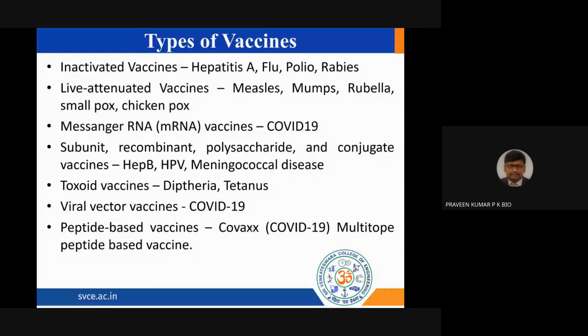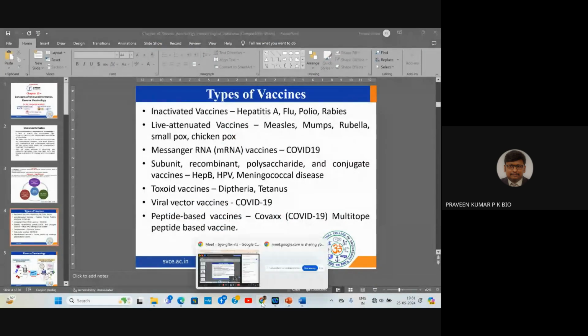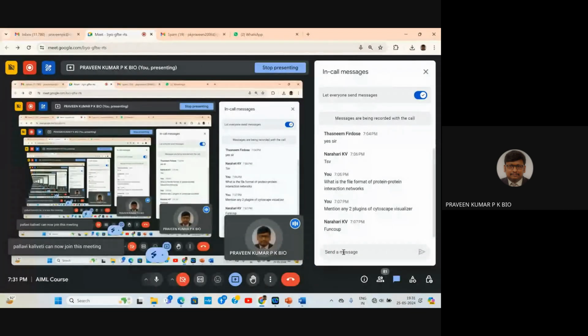Okay, so even if you see these vaccines, I just ask you a question. My first question is, what is the efficacy, because everyone has taken Covishield or Covaxin. Can someone tell me what is the efficacy of Covishield and Covaxin?